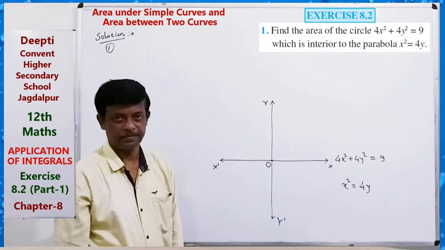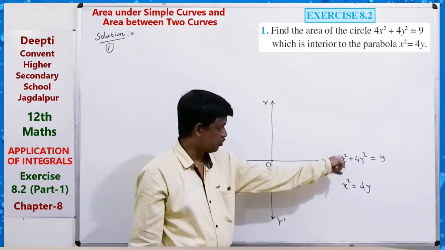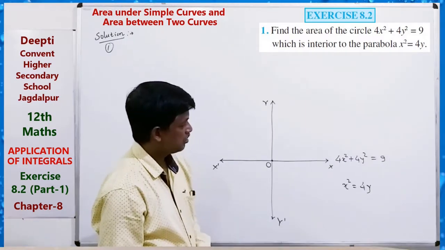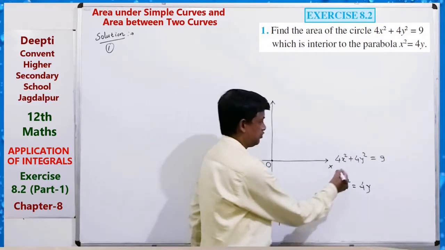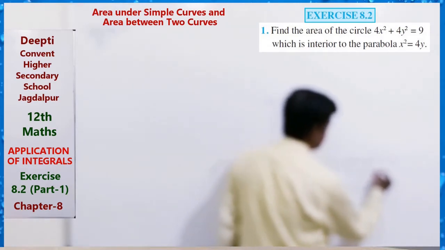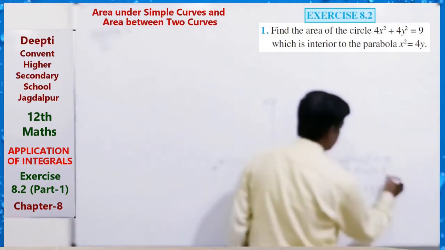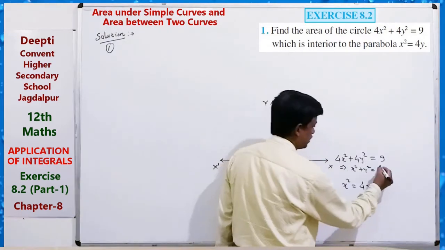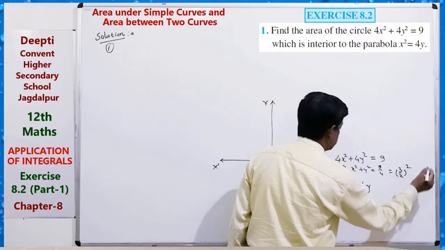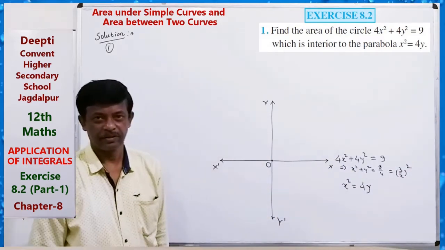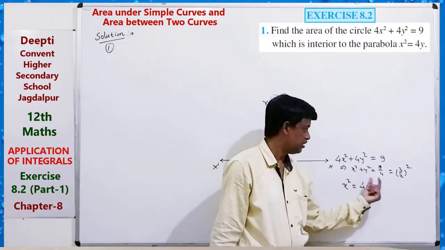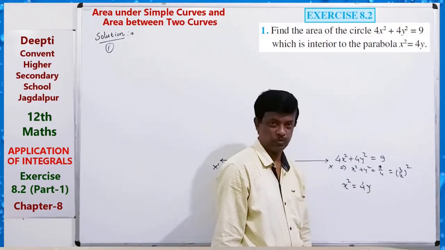Okay, this is the origin. 4x square plus 4y square equals 9 is a circle. For drawing this circle, it can be written as x square plus y square equals 9 by 4, which equals (3 by 2) square. The center is the origin and the radius is 3 by 2.